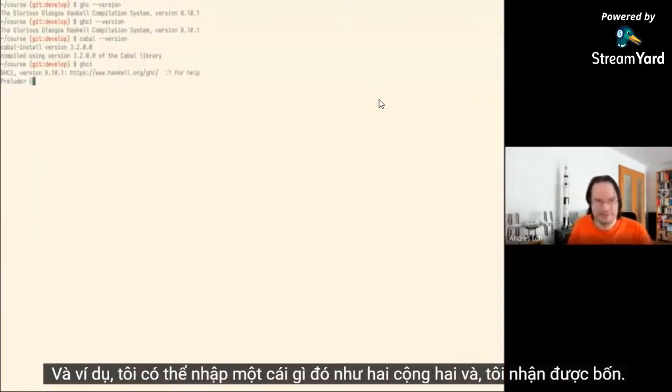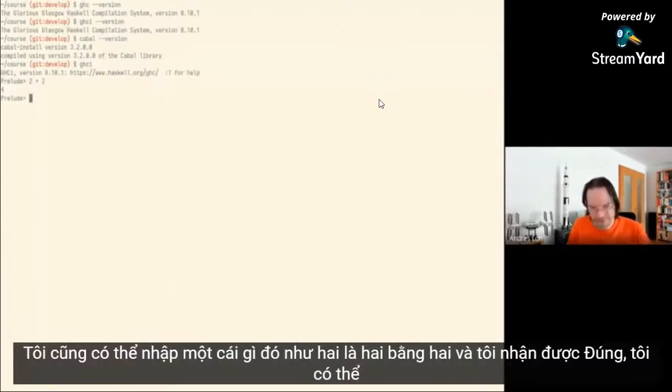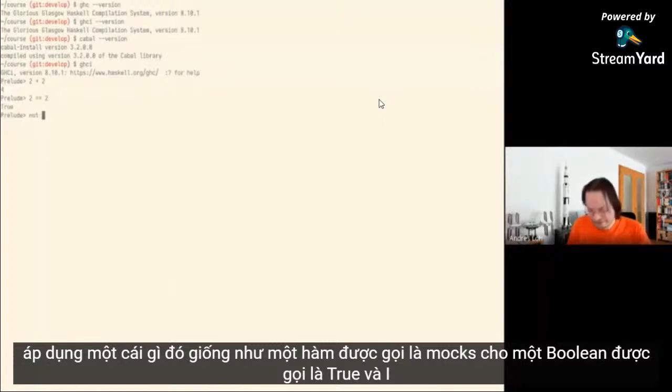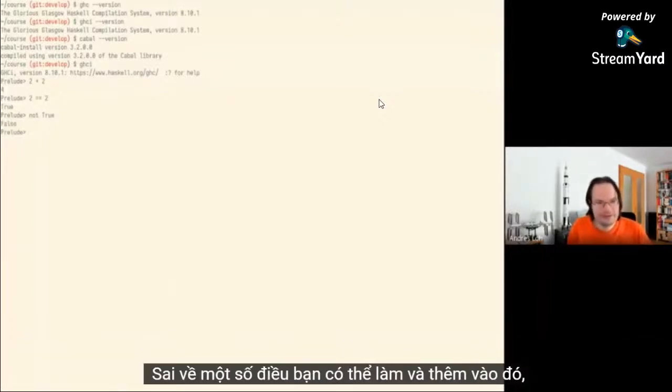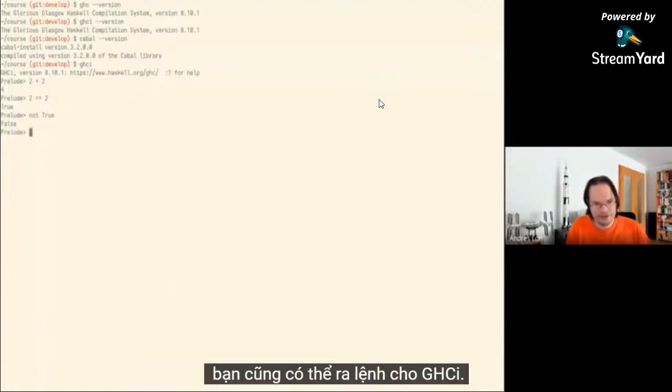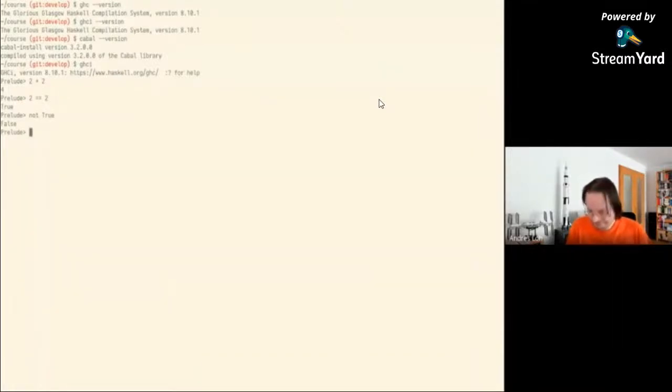I can, for example, type something like 2 + 2 and I get 4. I can also type 2 equal to 2 and I get True. I can apply a function called not to a Boolean called True and I get False. And there are quite a few things that you can do. And additionally, you can also issue commands to GHCi.